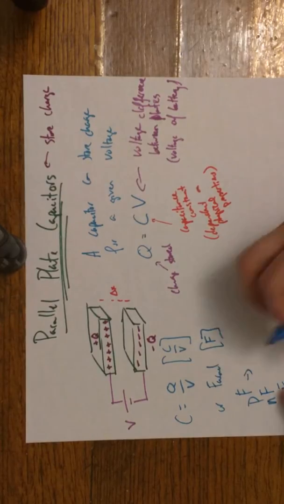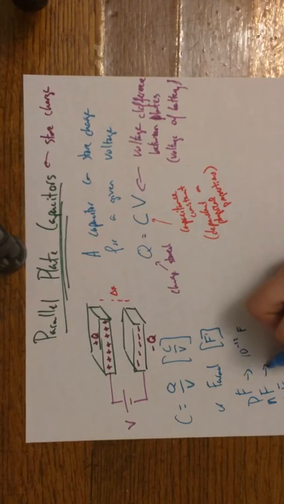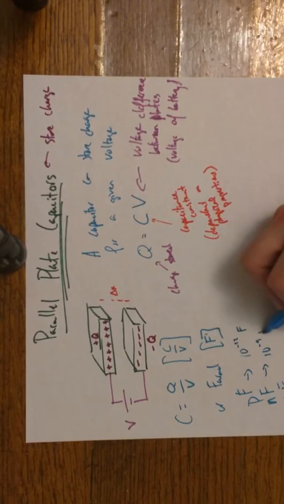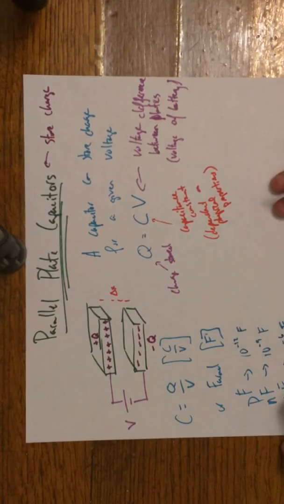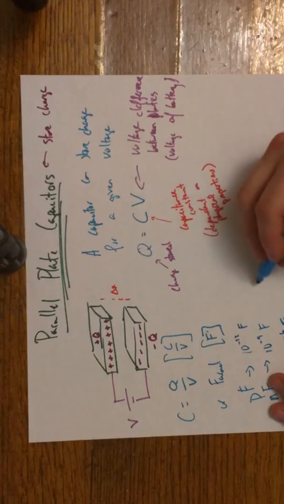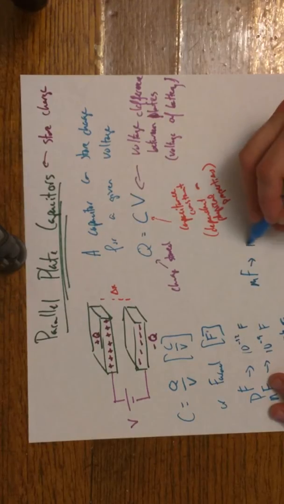This is the equivalent of 10 to the negative 12th farads, 10 to the negative 9th farads, 10 to the negative 6th farads. We might even speak of millifarads, which is 10 to the negative 3rd farad.